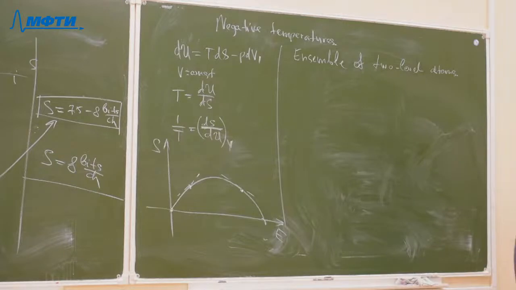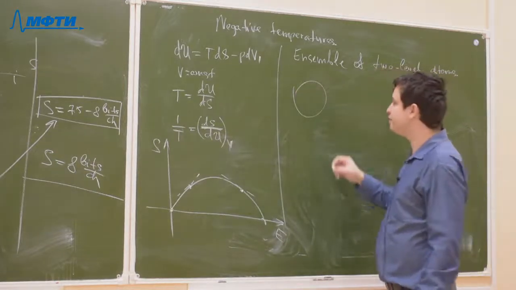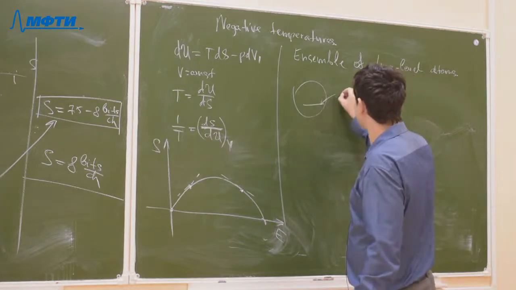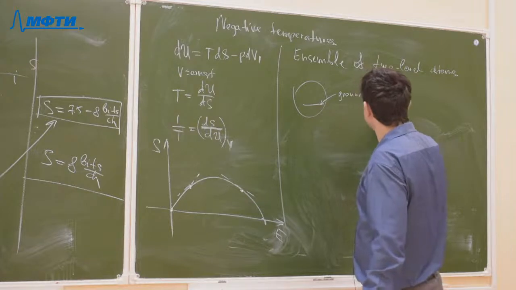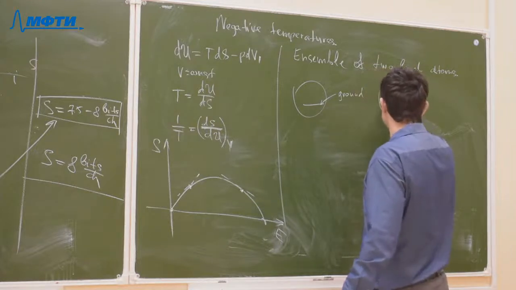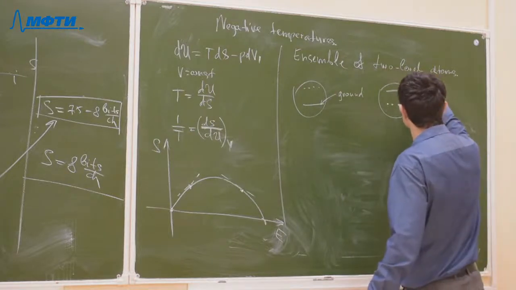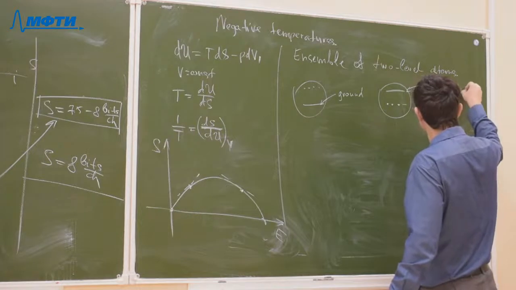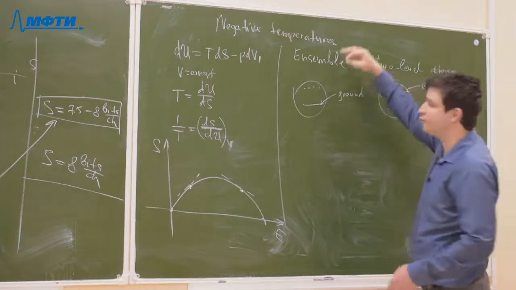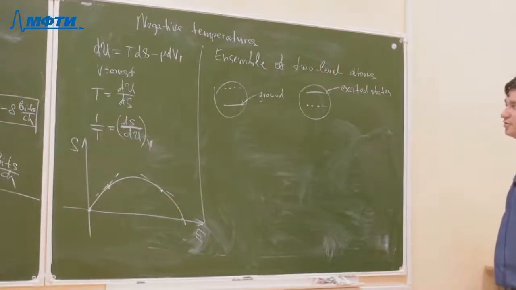So let's assume that we have atoms which can be found either in a ground state or in an excited state. And no further energy levels exist. So only these two energy levels.